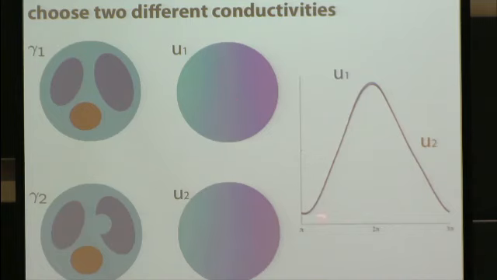So here we have the current through the boundary. So we apply voltage at the boundary, measure current through the boundary. This axis here is the angle around the boundary. And you can see that although there's a quite big difference between these two patients, the data is almost the same.